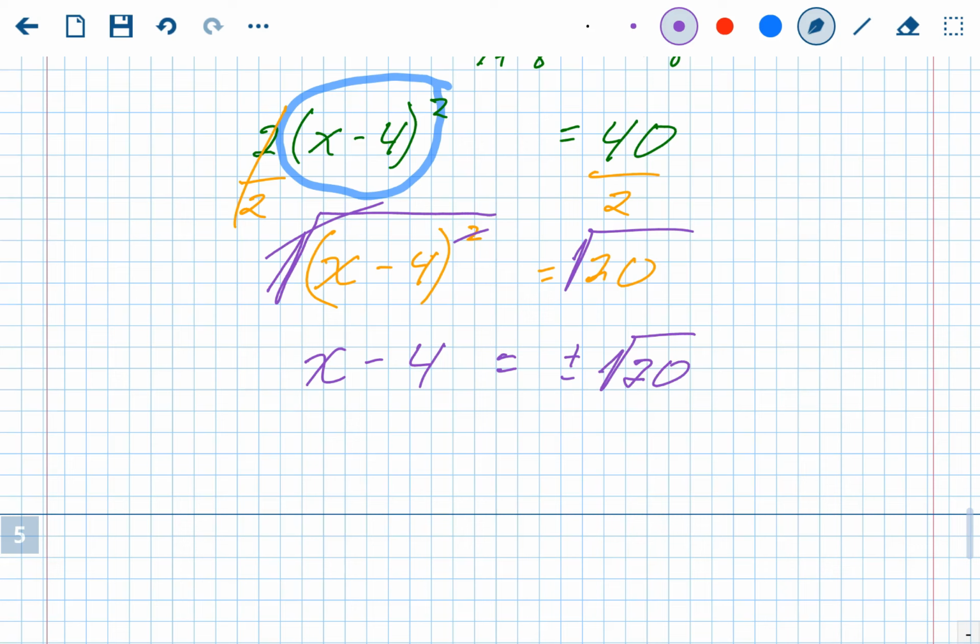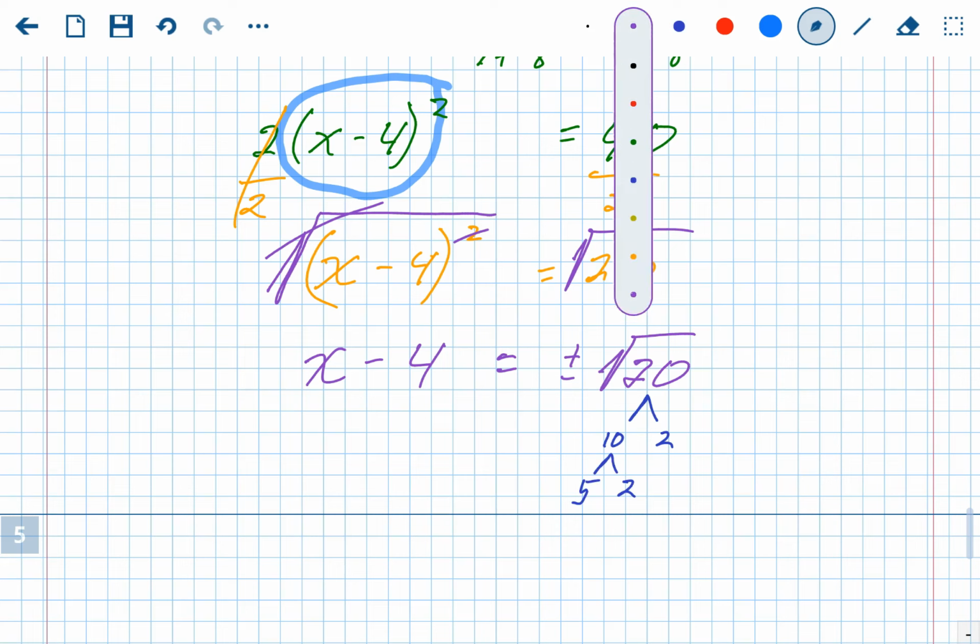Alright, however, 20 is not a prime number. So, we could actually simplify that radical. 20 breaks down, remember doing the factor trees, into 10 and 2. 10 breaks down again into 5 and 2. So we now have a group of 2's. Remember, we're looking for groups of 2's to pull out to the front.